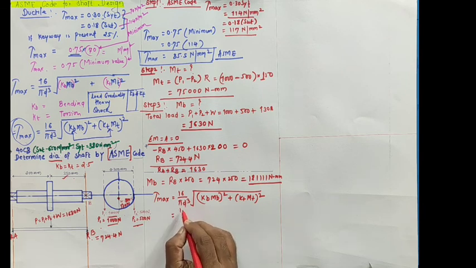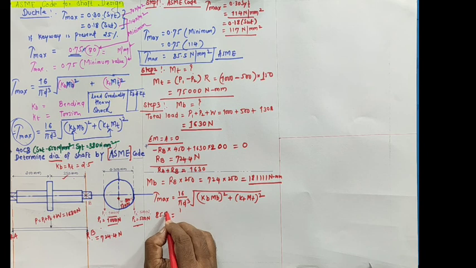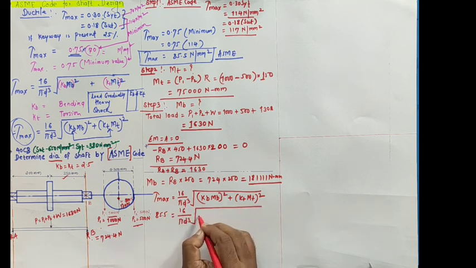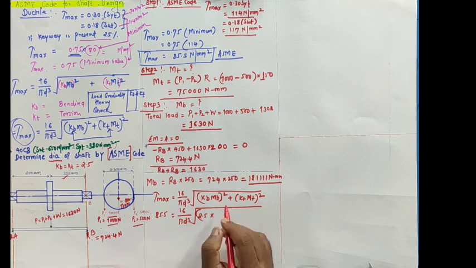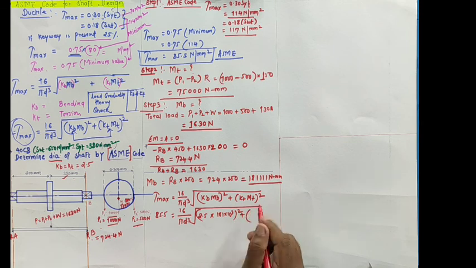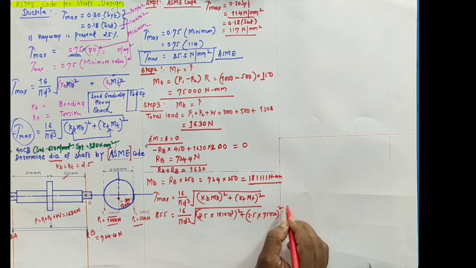So we'll take 16. Tau max is how much? 85.5. 16 by pi d cube, square root of Kb 2.5 into Mb 181 into 10 raised to 3, bracket square, plus Kt 2.5 into Mt 75,000, bracket square.